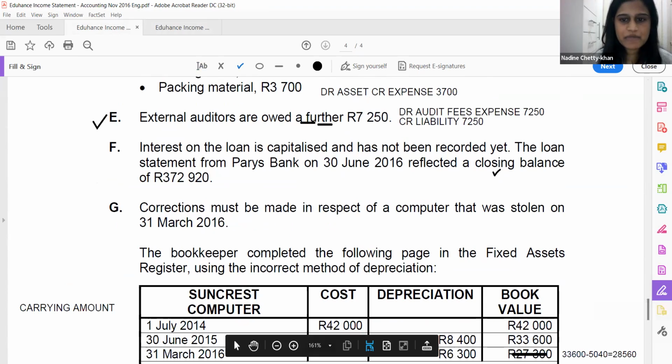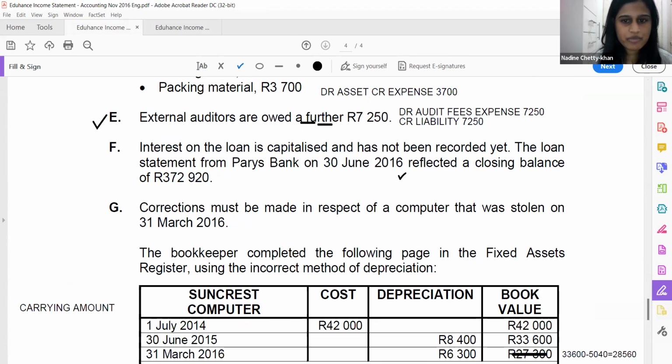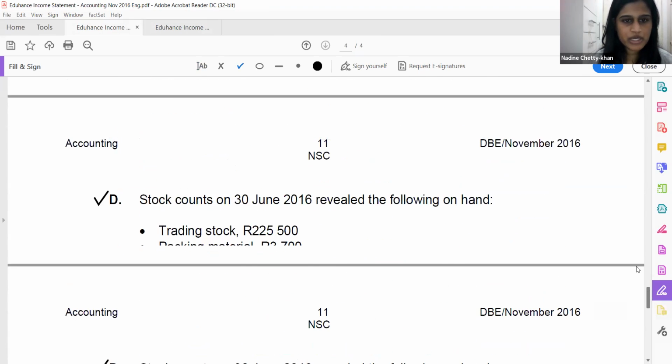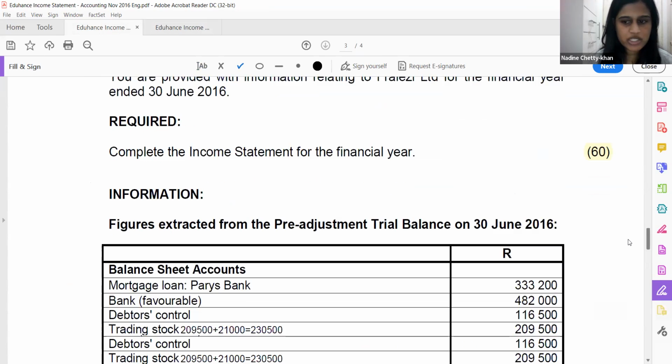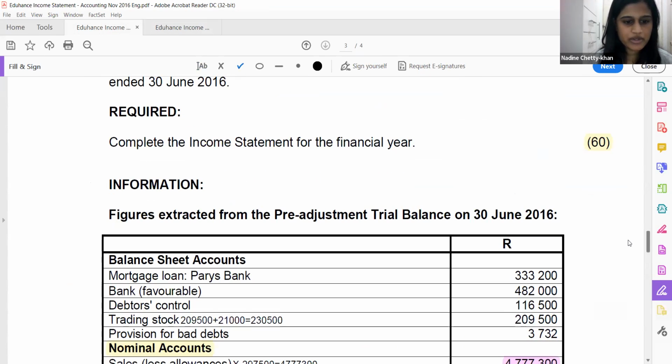Interest on the loan is capitalized and has not been recorded during the year. The loan statement from Paris Bank reflected a closing balance of 372,920. Okay, 372,920. But what is the amount in our balance sheet? 333,200.